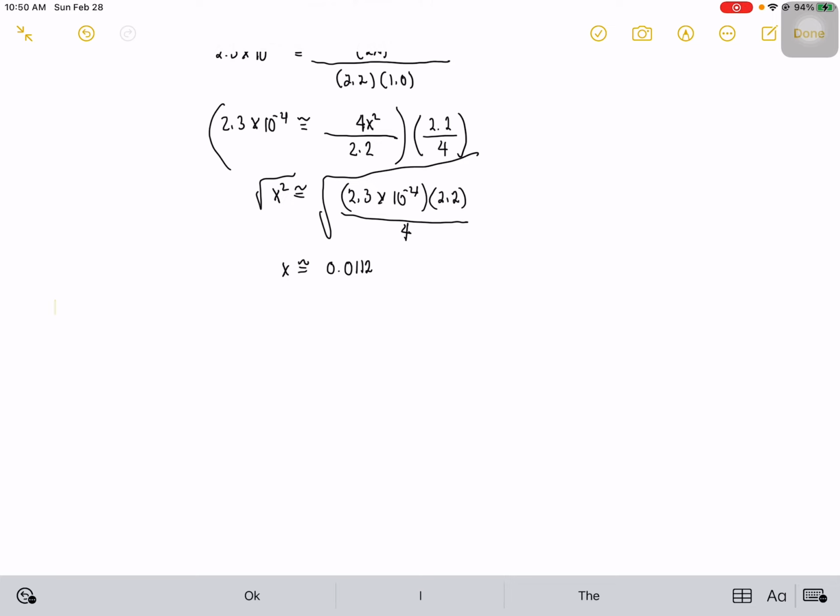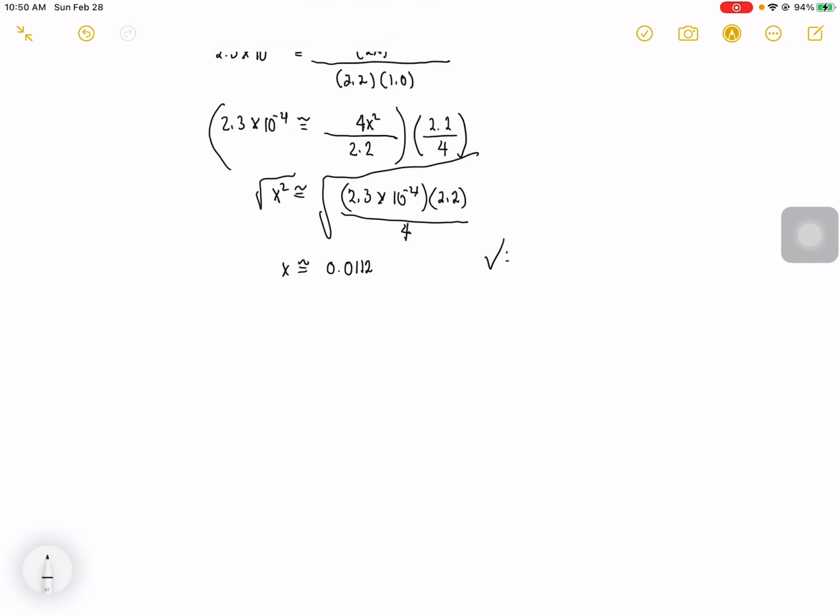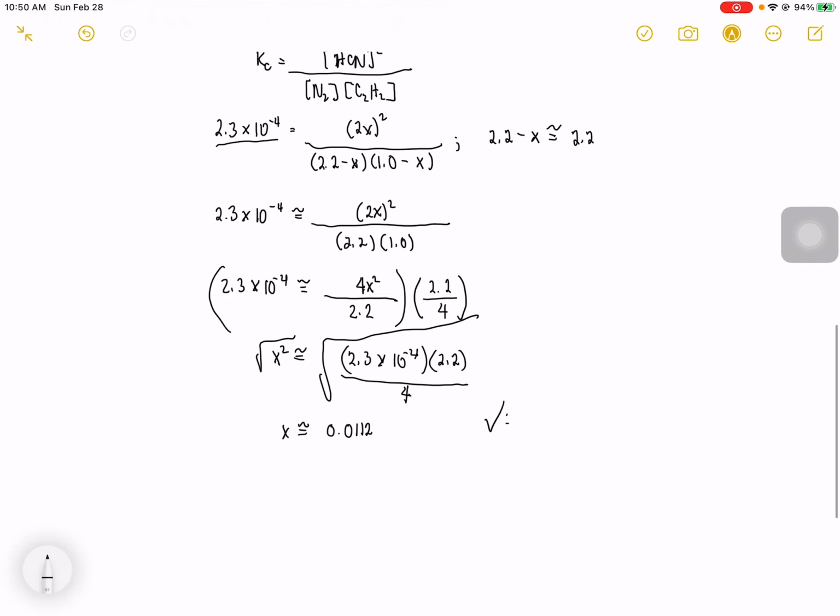So we have to check the validity of the assumption that we've made. To check that assumption, we simply go back to the simplifying assumption that we have made and compute the percent error that we introduce into the computation by making this particular simplifying assumption.